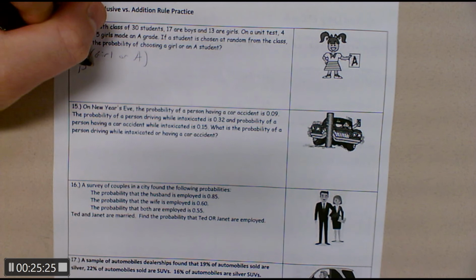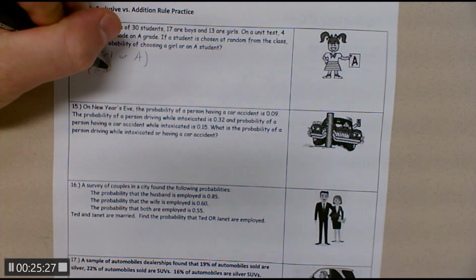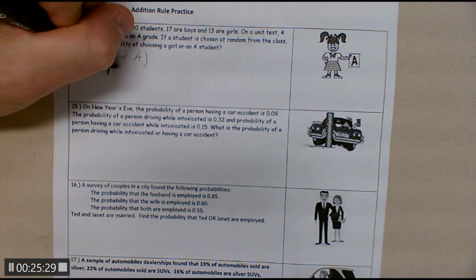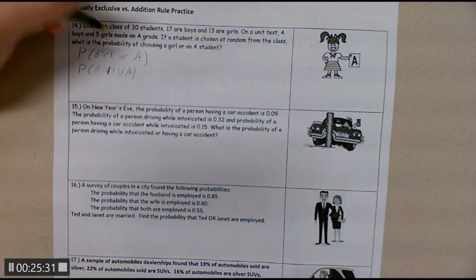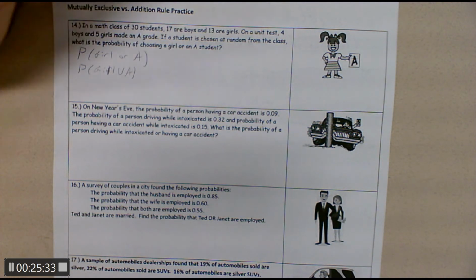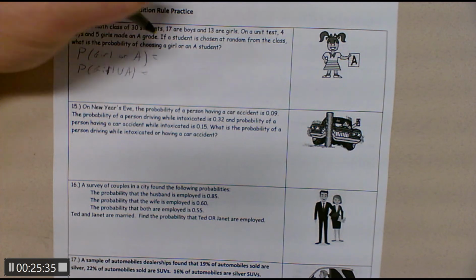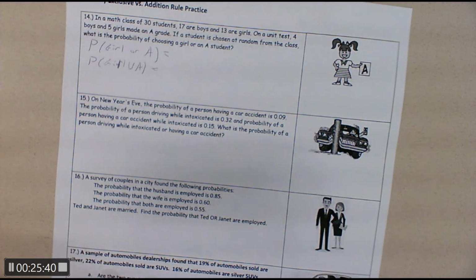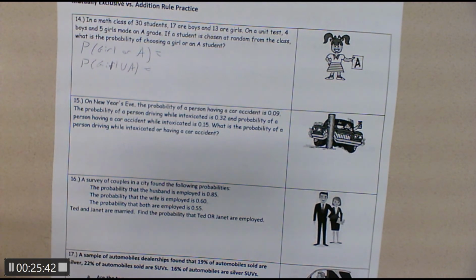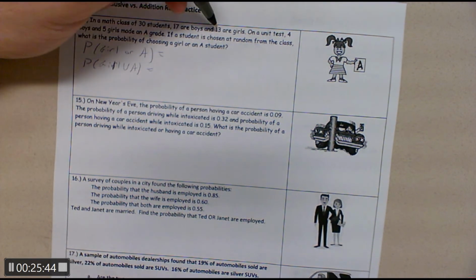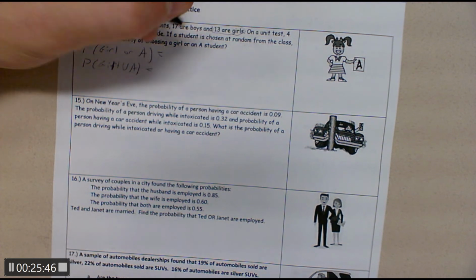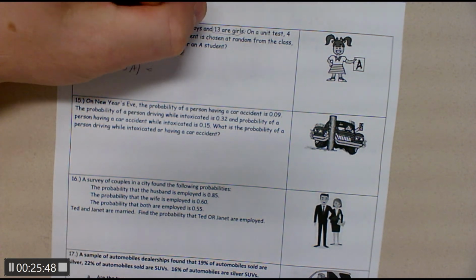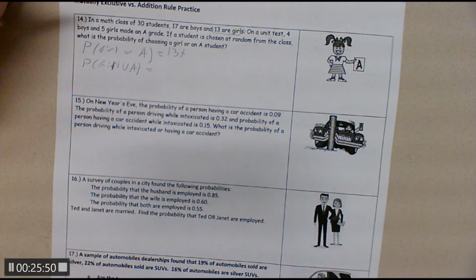That's the same as the probability of girl union A. So that's going to be girls plus A's minus both. Looking at the number of girls, we have 13 girls, plus the number of A's.